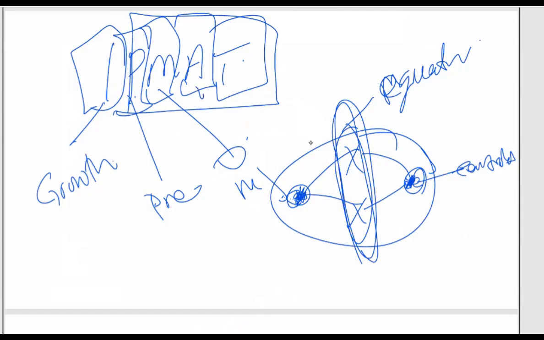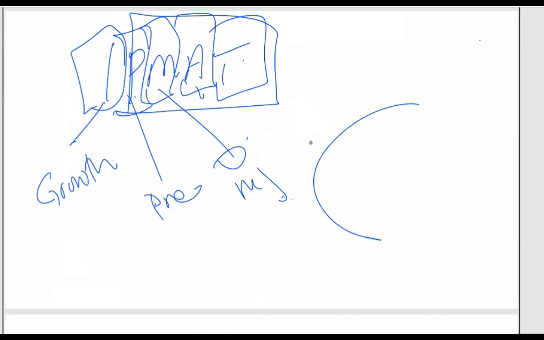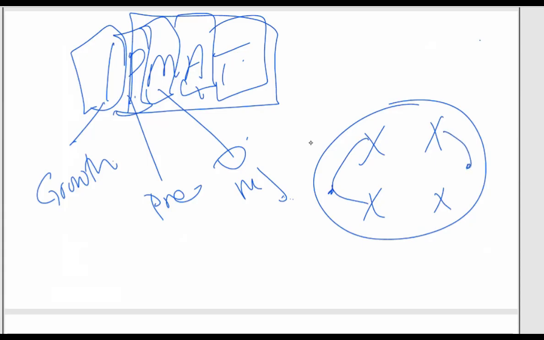And then when you say anaphase, there must be a space in between. If it is chromatids, there must be a space. If they are chromosomes, you can't say that this is metaphase. Why? Because you have a big space in here. That space is what you call anaphase, which means apart.